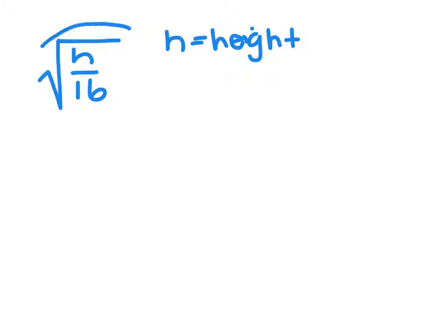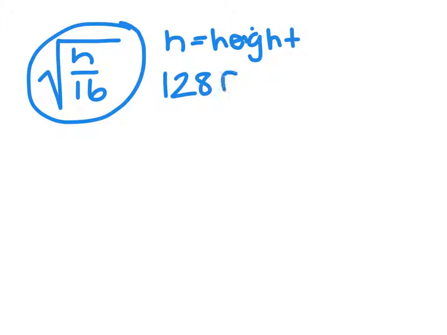So this full formula here gives us the time in seconds that it takes our object to drop h feet. So about how much longer does it take an object dropped from 128 feet to reach the ground than it would for an object dropped from 32 feet?